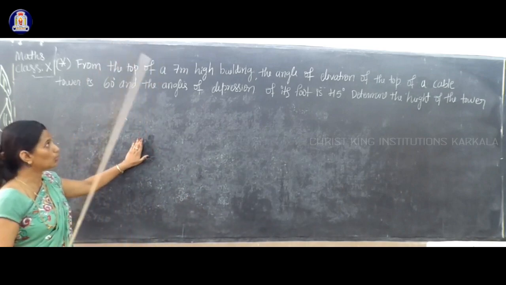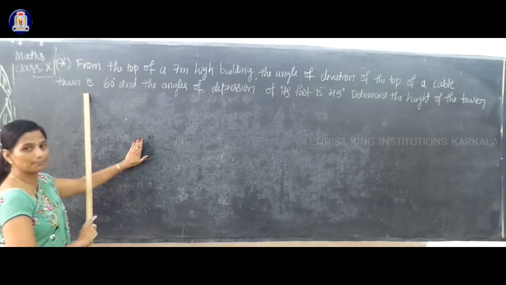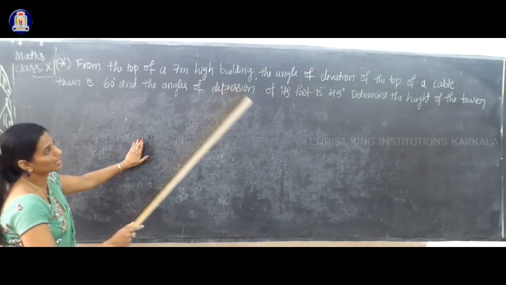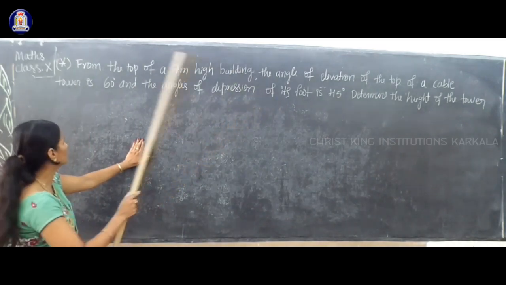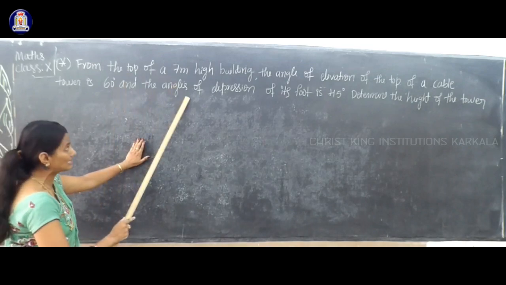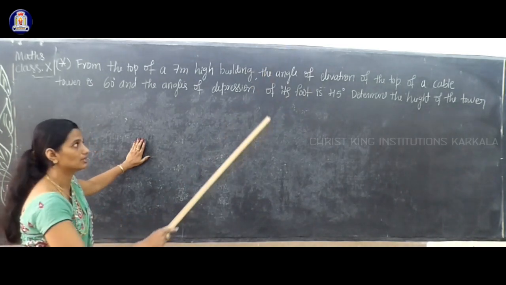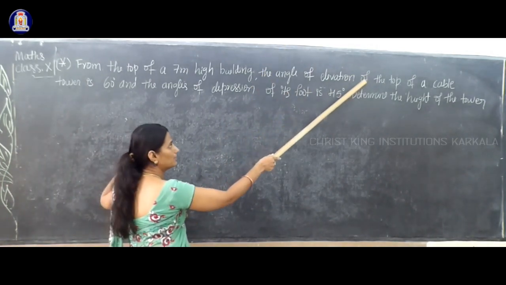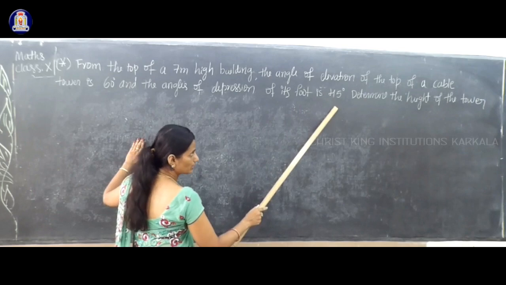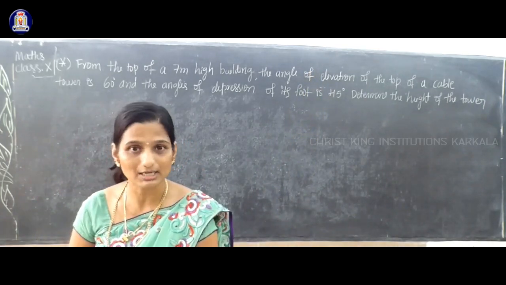Here, tell me the two objects: one is the building and the other is the cable tower.